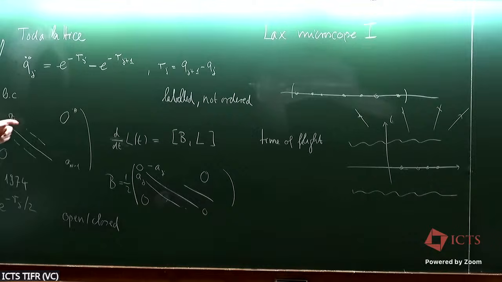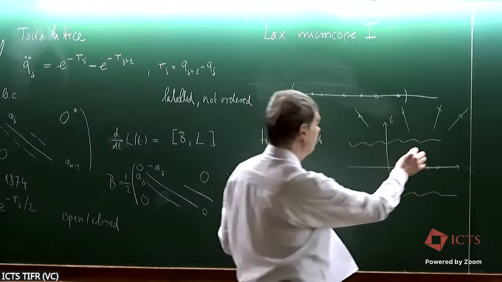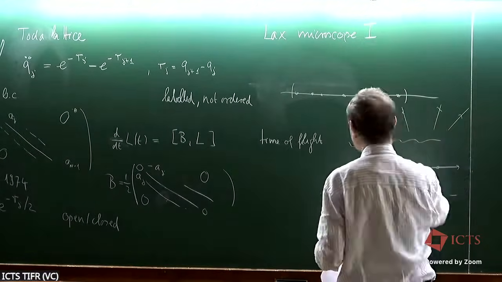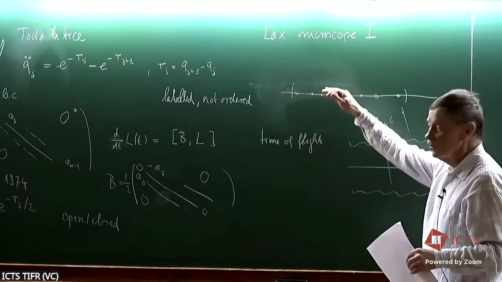And so at very long times, the Lax matrix will be diagonal, but it's isospectral, and it's already diagonal now. So what I have on the diagonal are really the eigenvalues. And so you see that when I sample these velocities, I have solved my problem.